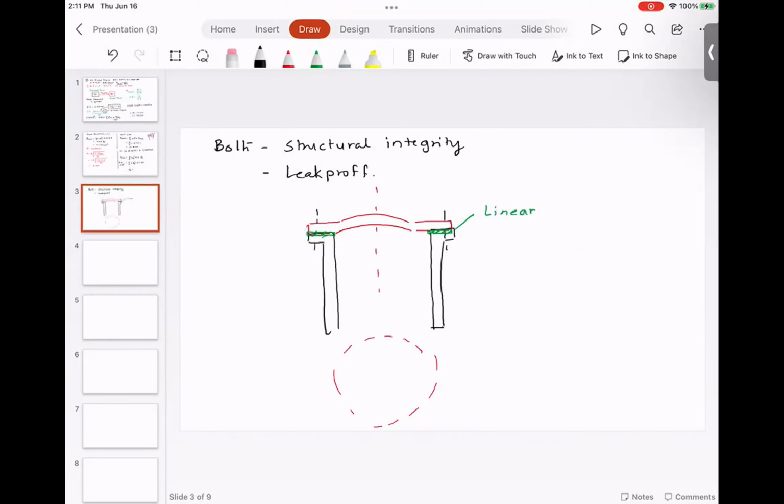But you can't just on your own start adding as many bolts as you can, because here is the practical problem. Imagine that this is the cylinder. You have a bolt here, a bolt here, a bolt here, a bolt here. This bolt is compressing the gasket which is between the cylinder and the head. That is called the liner or the gasket.